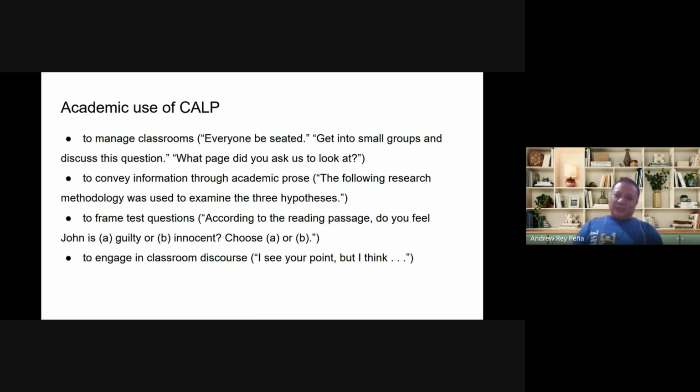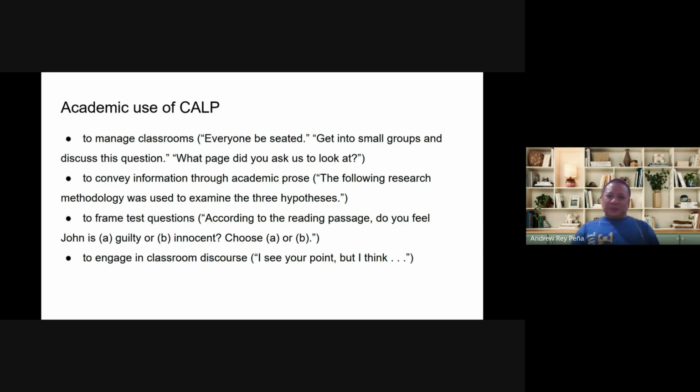The classic analogy would be wearing beach clothes for going to the beach and wearing formal clothing for graduations. You will not wear beach clothing when you go to a graduation, and you will not wear graduation clothes or formal clothes when you go to the beach. So in the same way, you don't use BICS in the classroom and you don't use CALP on the street.